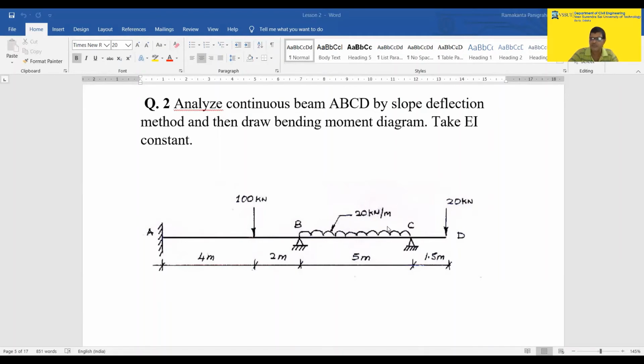The difference between these two problems is nothing else. Everything remains the same, the steps remain the same. Only the condition changes, and you have to incorporate the boundary conditions. If you split CB and CD, it will cut here on both sides. This will be fixed here, and this will be fixed here. With 20 into 1.5, this moment will be like this and this moment will be like this.